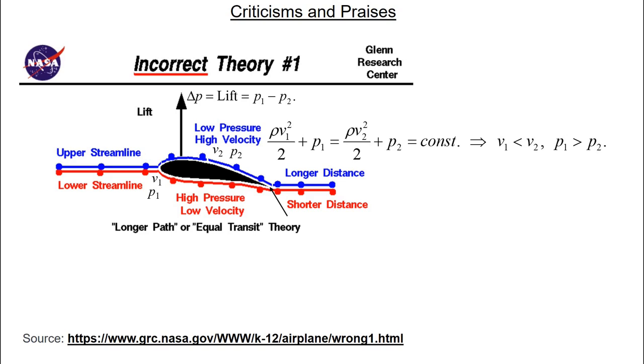Hypothesis or assumption: streamlines of upper and bottom air molecules moving with different speeds must meet at the same time. No scientific evidence exists which confirms such a claim. We can eliminate this theory based on a lack of evidence.